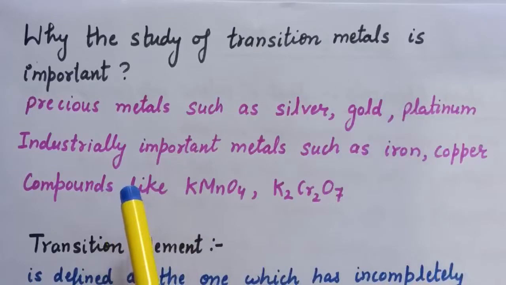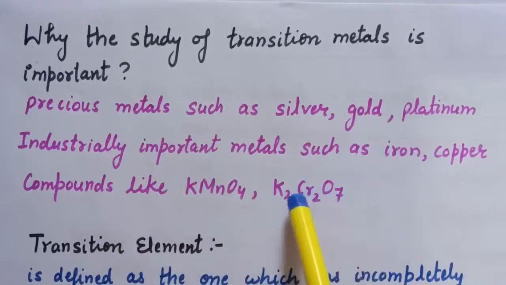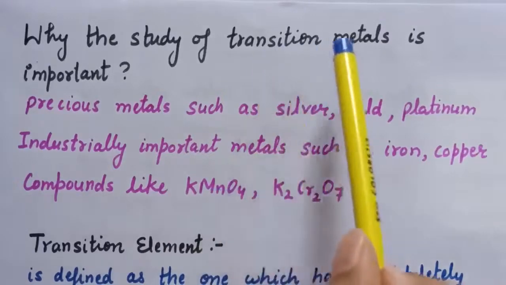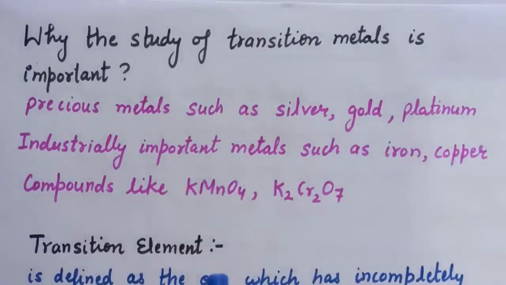Also, some industrially important compounds like potassium permanganate and potassium dichromate. Here manganese and chromium also belong to transition metals. So that is why the study of transition metals is important. So this is the general introduction of D block elements.